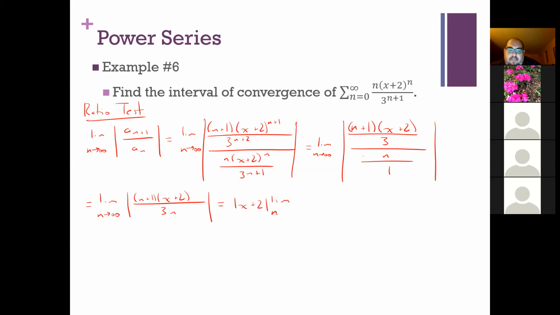And what is this limit going to be? One-third. 1/3.